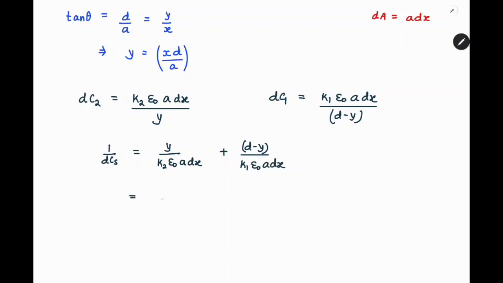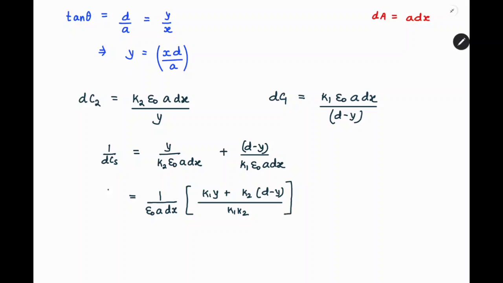If we take common 1 upon epsilon naught a dx, we can write it as K1 y plus K2 times (d minus y), divided by K1 K2.